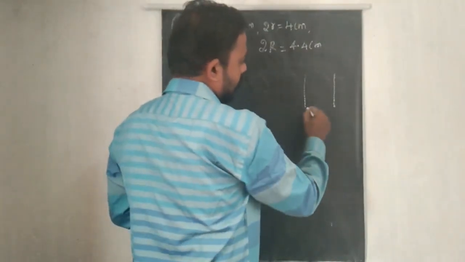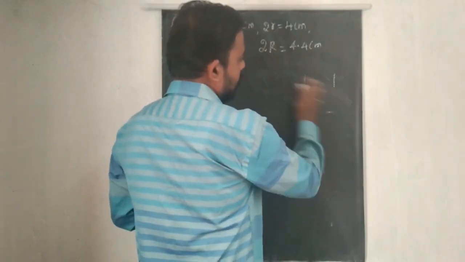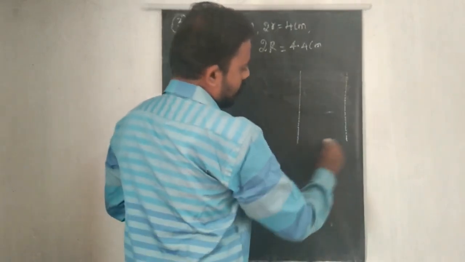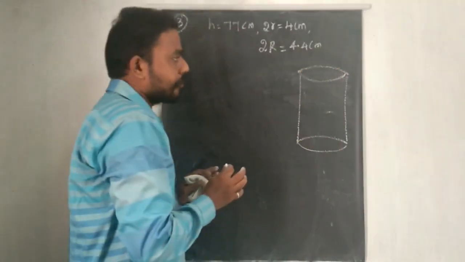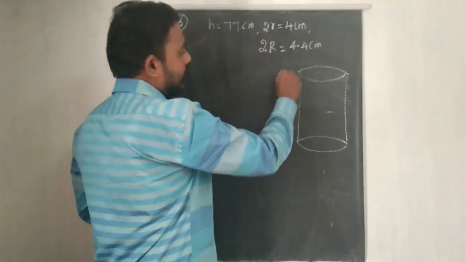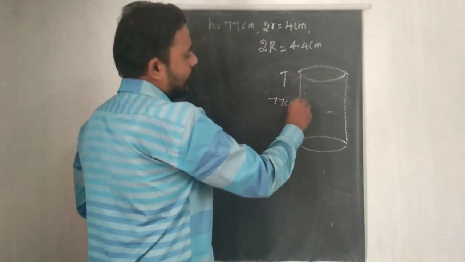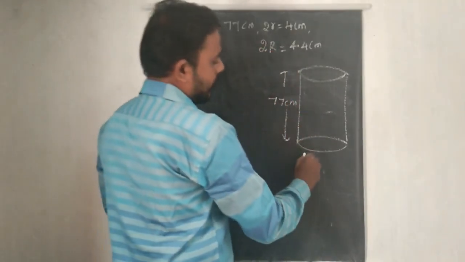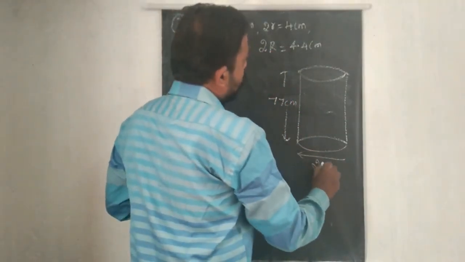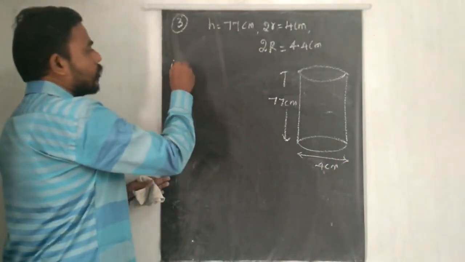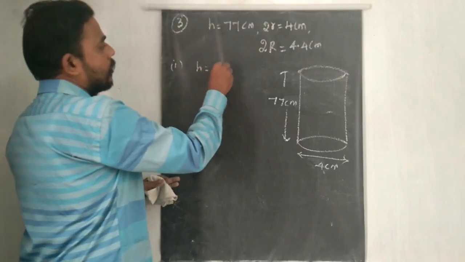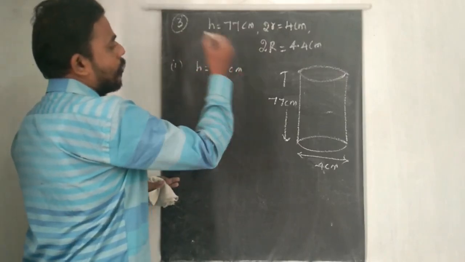Now first question, this is our cylinder. Bigger. It is a cylinder, inner side. So inner side height is given 77 centimeter and diameter is given, 4 centimeter. So first, h is equal to 77 centimeter, no problem.